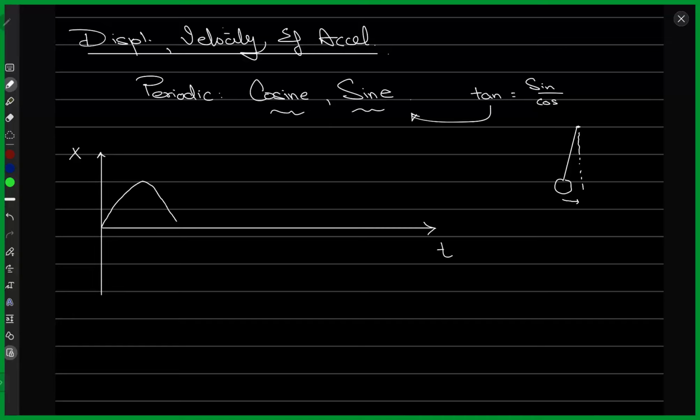Eventually, it comes to 0 when it's at its mean position. x is 0 over here, and x is some maximum value x naught over here, right? It's just a number. It's the maximum displacement that I can give to this bob.